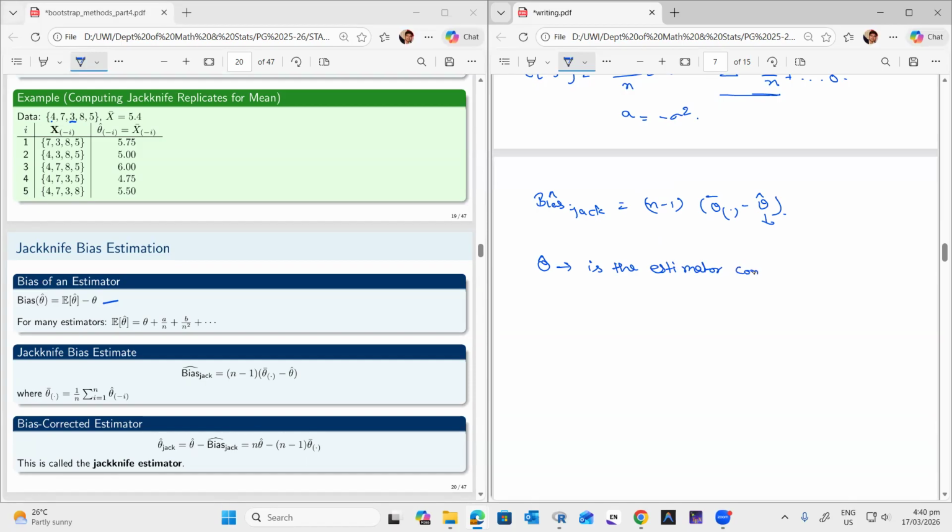Not complete data, complete sample. Okay, of size n, and theta cap minus i is the estimator computed after deleting the ith observation.